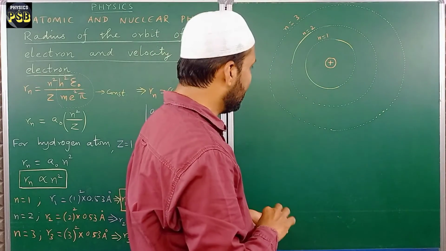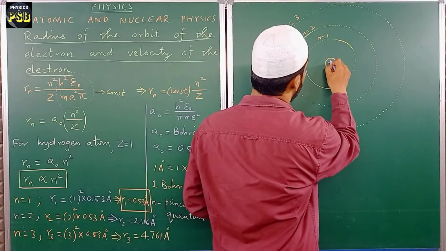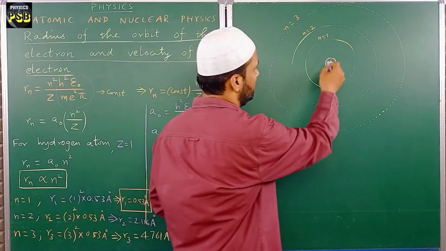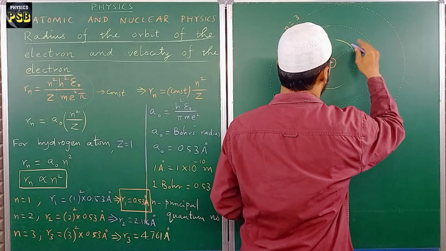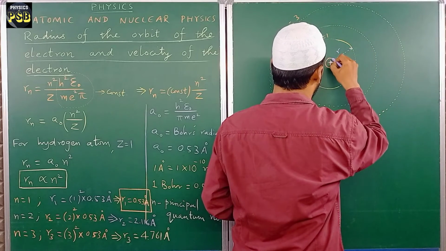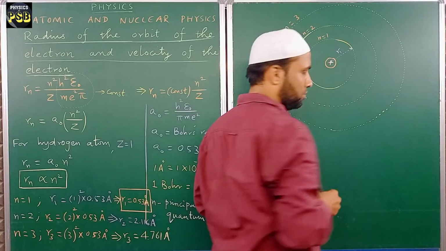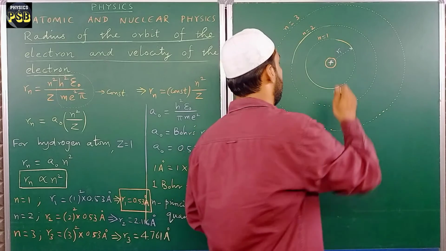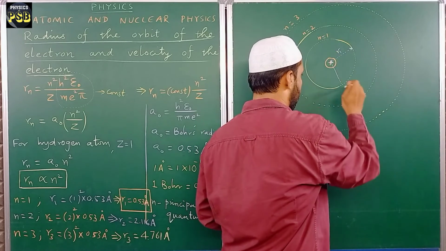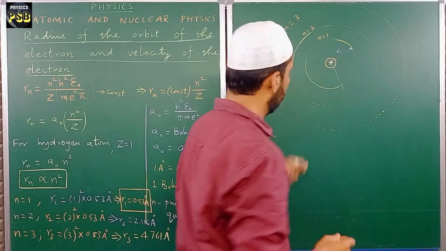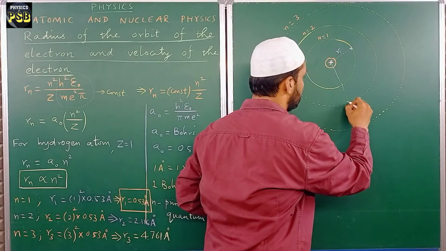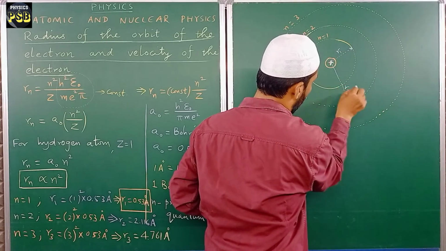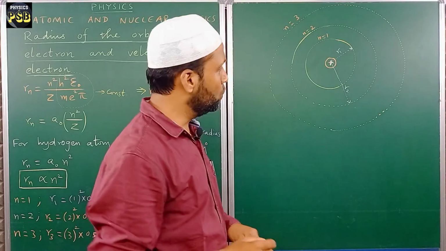Here, the radius of the orbit is measured from the center of the nucleus. So this is R1. Okay, and the distance between the center of the nucleus to this orbit, second orbit, is taken as R2.